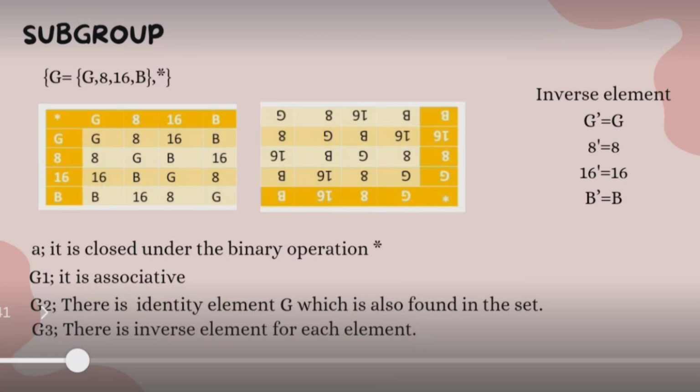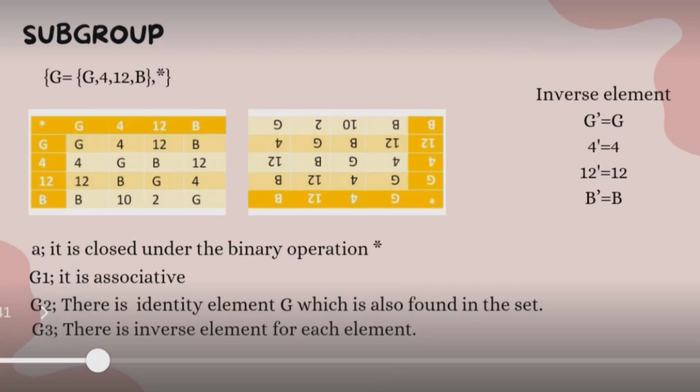So for the next table, it is the set of G with an element of G for 12B. And of course, it is closed under the binary operation of star.